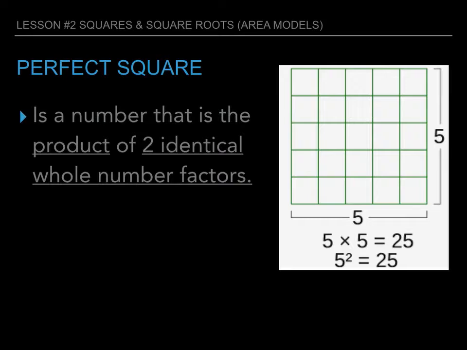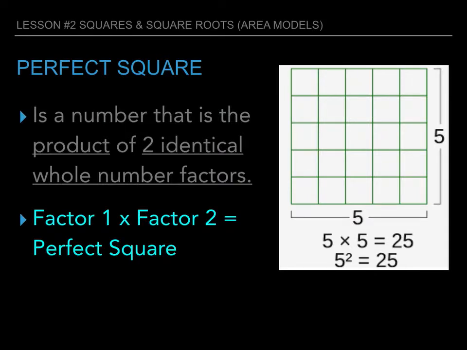In this example, the perfect square is 25, and it's the product of 5 being multiplied by itself. So 5 is the identical factor, and the perfect square is 25.